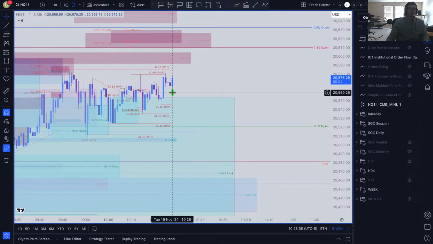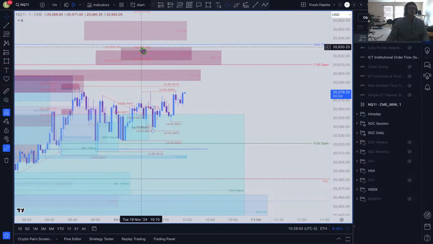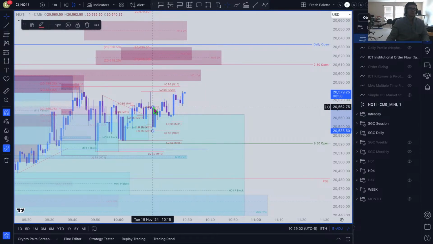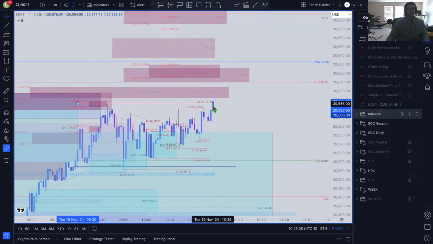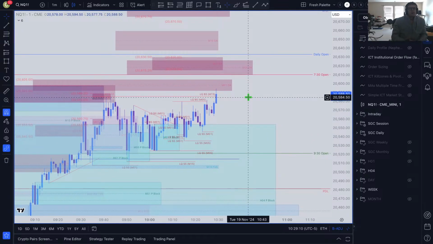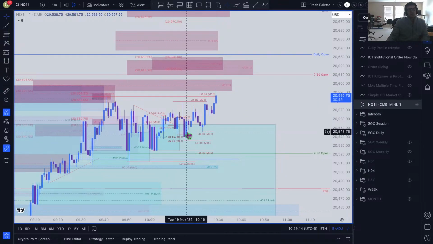So arguably this is the P block that, I think you can make the argument this is valid here once we broke up there. And that looks like that was. So it's just learning these things again, right? Like that was a sweep of the fake out. I didn't like that S15 entry. You didn't get the immediate engulf.